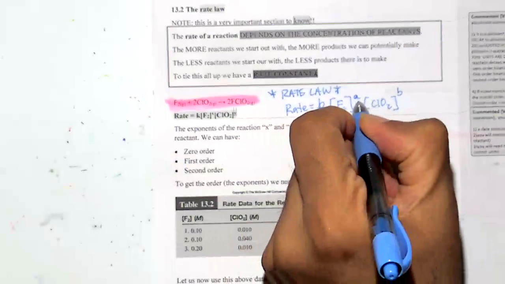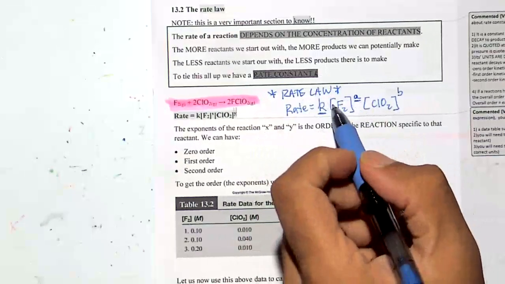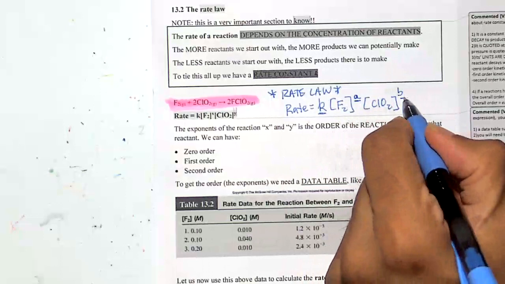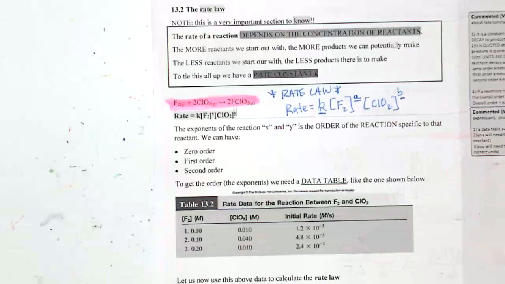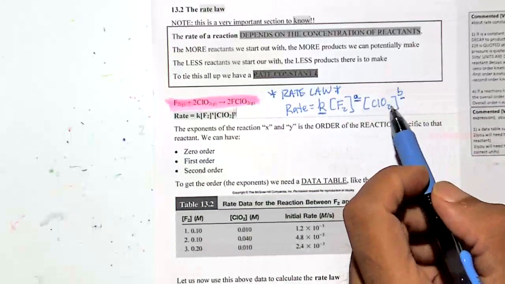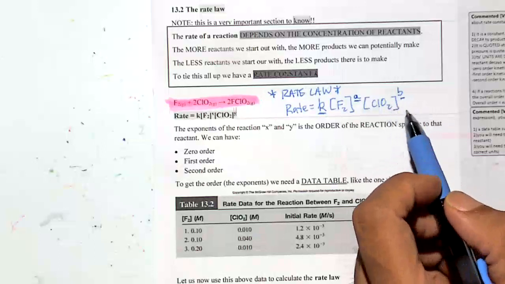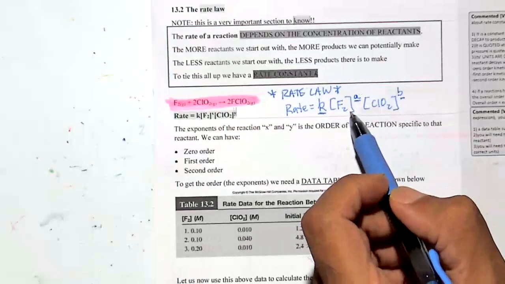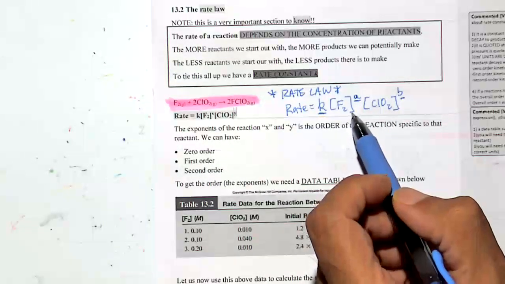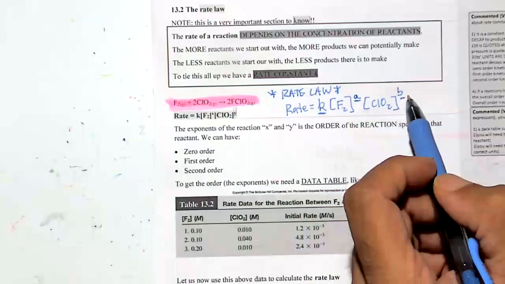Our goal here is to find K, find this exponent A, which is the order of decay for F2 reactant, and then find exponent B, which is the order of decay for ClO2. This reactant can decay with 0 order, first order, or second order kinetics.